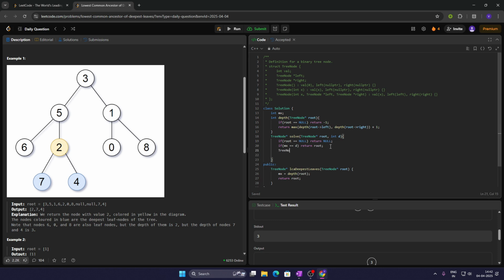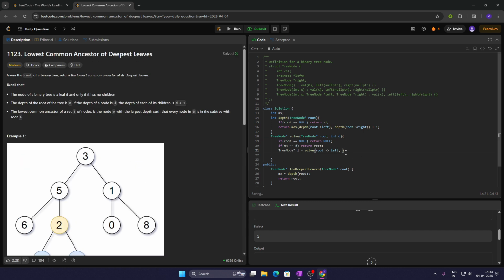So, TreeNode left equal to, like in this one, it's a recursive function, right? So recursively we have to call this one, and then what will be the depth?